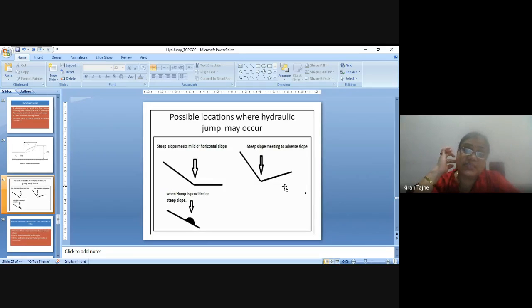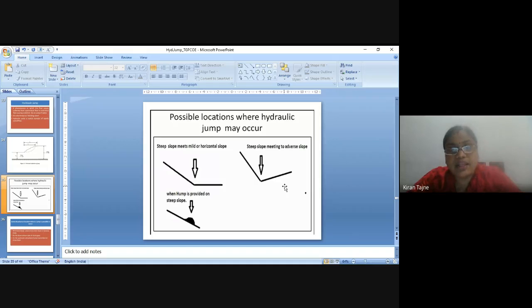The third case is when a hump is provided on the steep slope. A hump is an increment in the bed of the channel, like some obstruction: there is a slope and there is some increment on that bed of the channel, which is known as a hump.